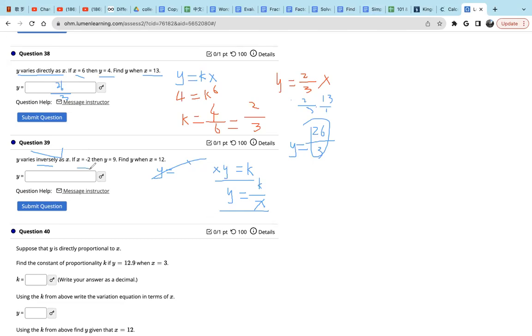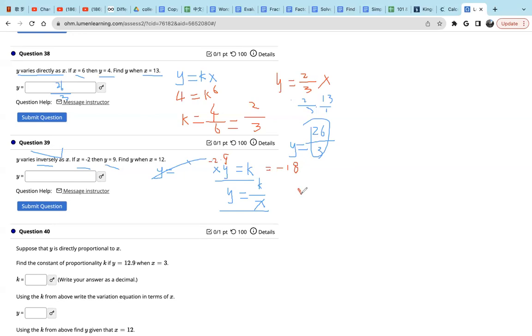So if x is -2, then y is 9. If we plug in x to be -2, then y is 9. Well, we find k right away. k is -2 times 9, which is -18. So x times y equals -18.